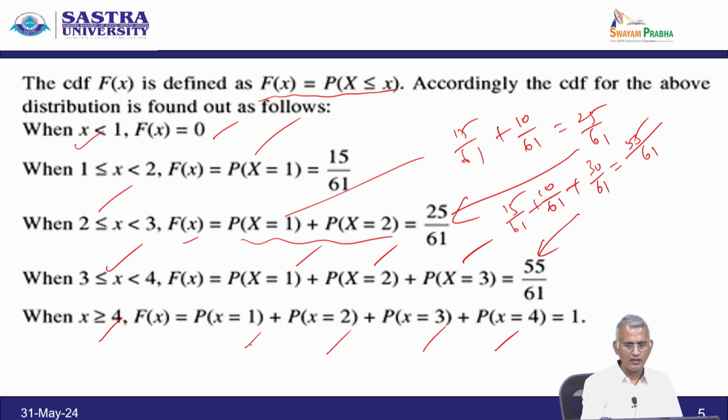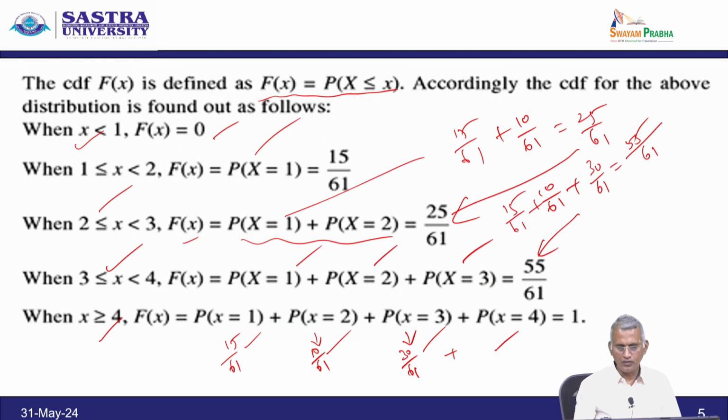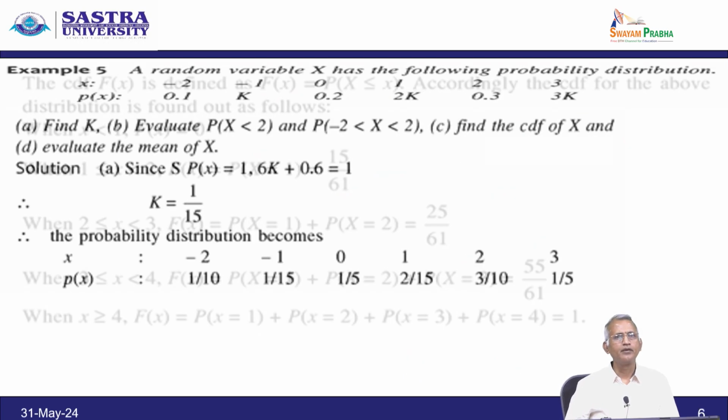This is 15 by 61, 10 by 61, 30 by 61, and 6 by 61, which we already found. Adding them, the numerator is 15 plus 10 plus 30 plus 6, which equals 61. Therefore the maximum value is 1. So this is the meaning of the cumulative distribution function, which we can calculate with the help of this problem.